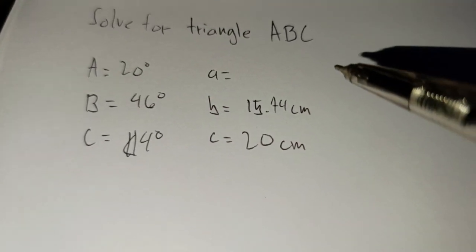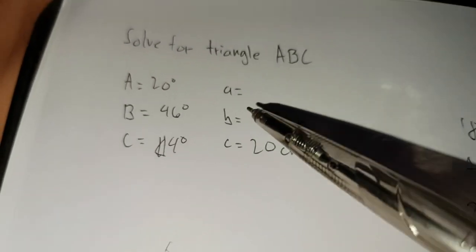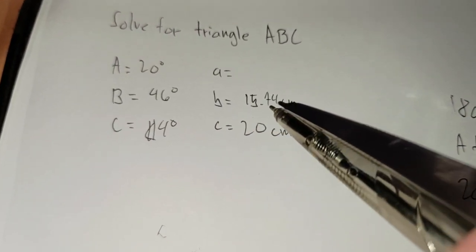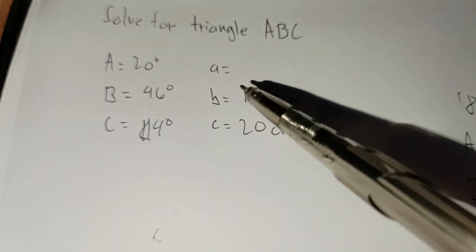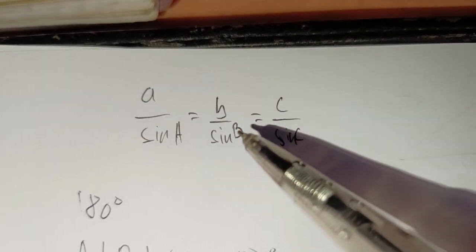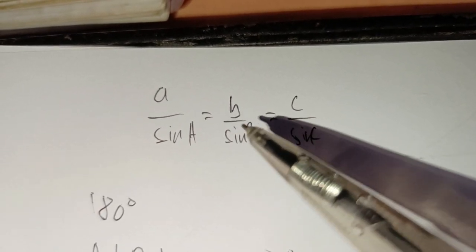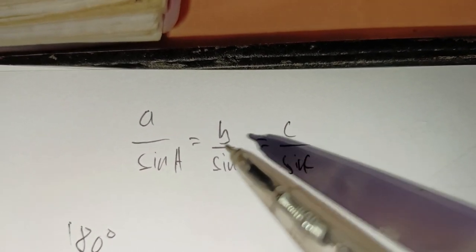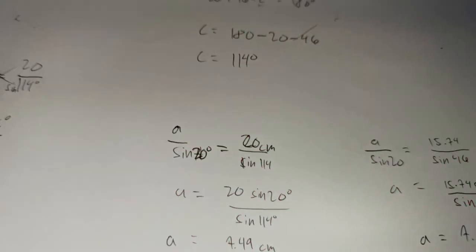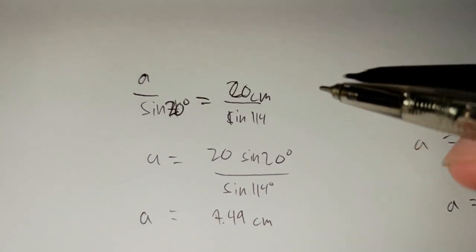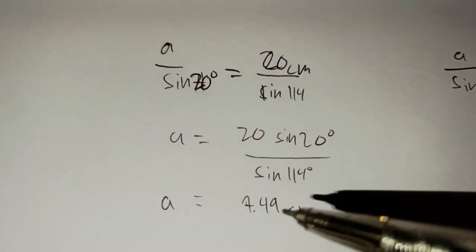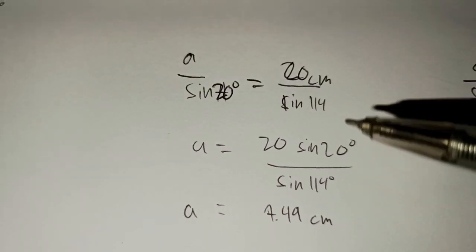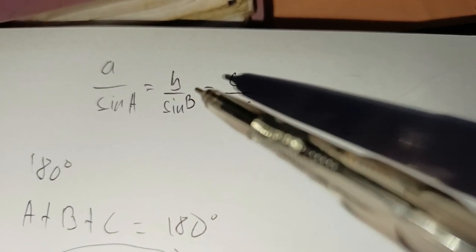Now our final missing one is the A. Our B's are complete and our C's are complete, so the missing one is only the A. By using the sine formula, you can choose either one of these two to solve for A. Now we have the answer for A, which is A equals 7.49 centimeters.